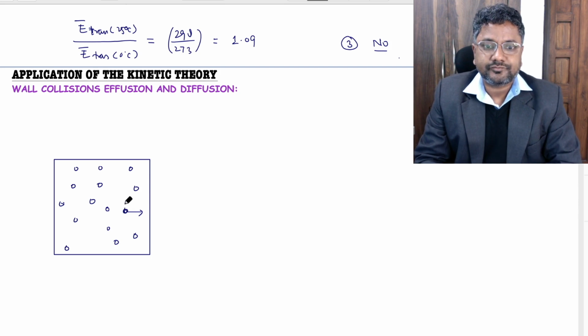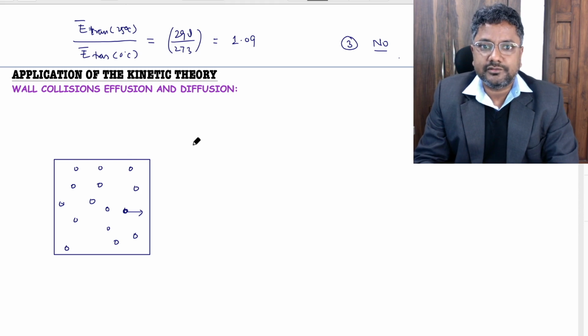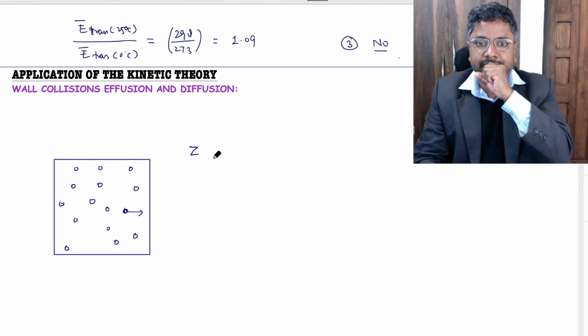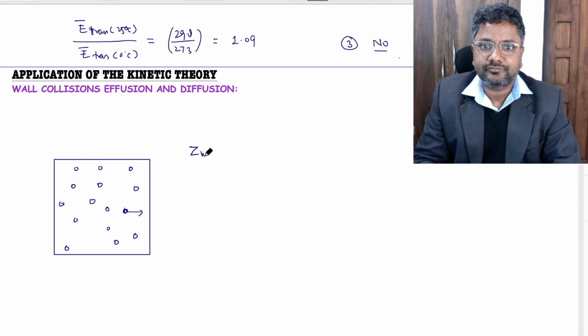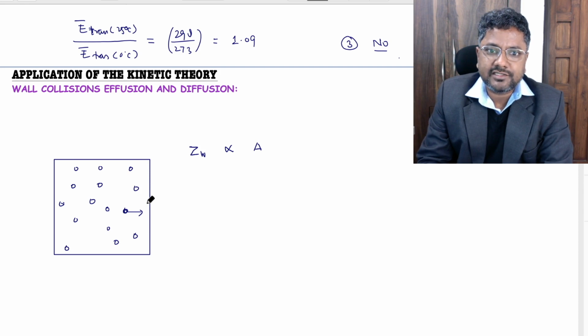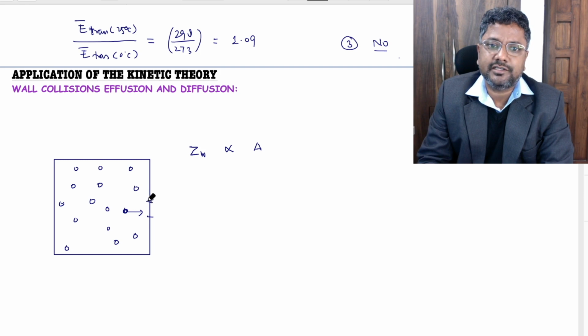So in a container, the collision is represented by Z. So Z with the wall is directly proportional to the area. In a very simple manner, if you specify certain area, suppose that we have specified this region, and some molecules are colliding with this specified area.